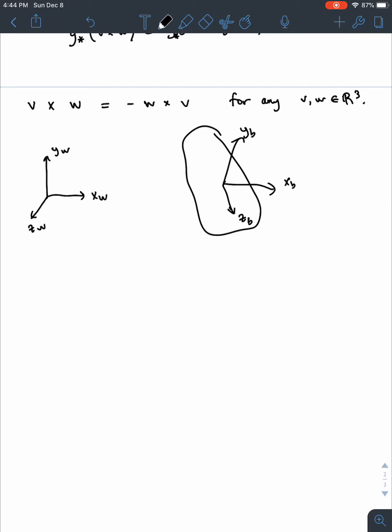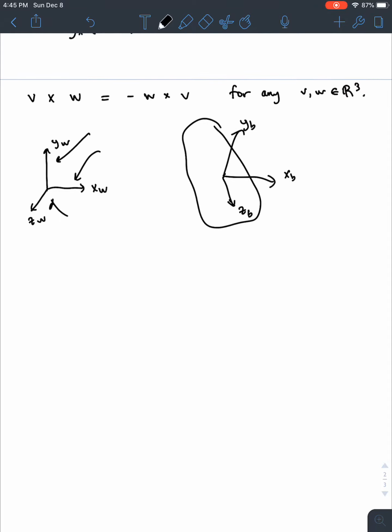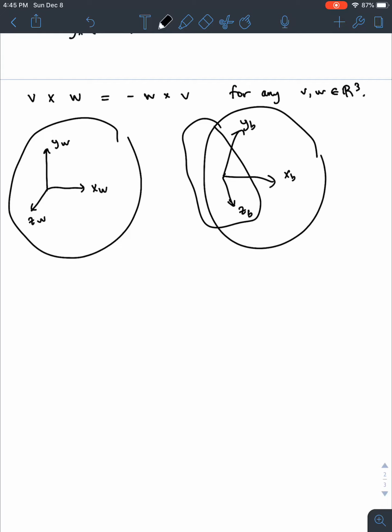Okay, let me repeat that. The way we keep track of rotation of a rigid body with respect to another is that we keep track of the dot products, or inner products, between the unit vectors, or basis vectors, that make up the two coordinate frames.